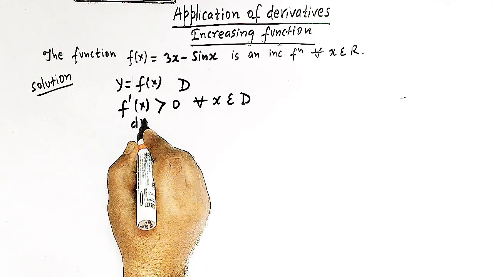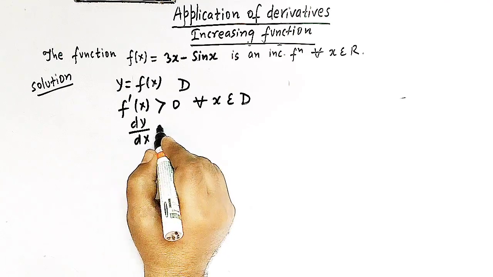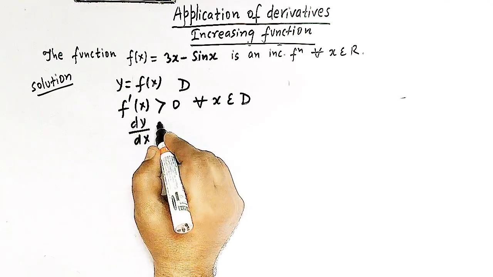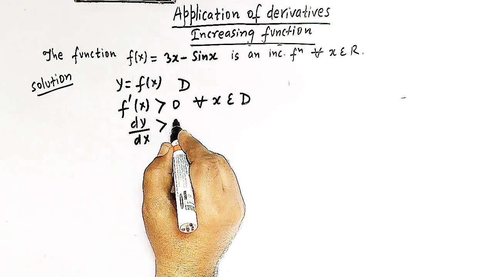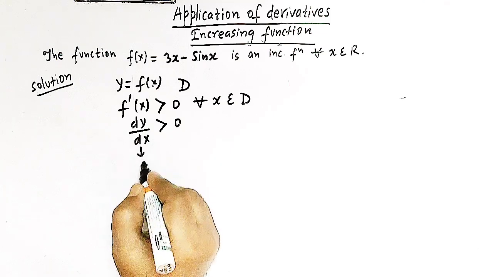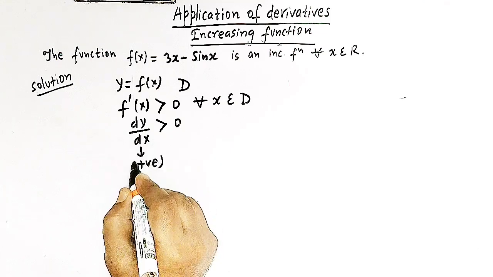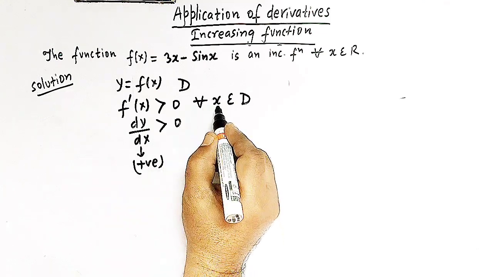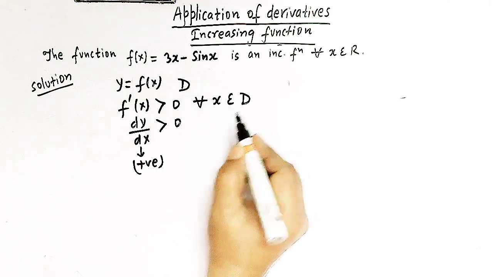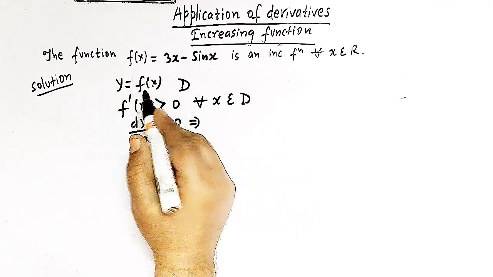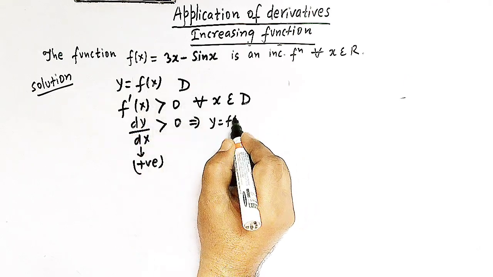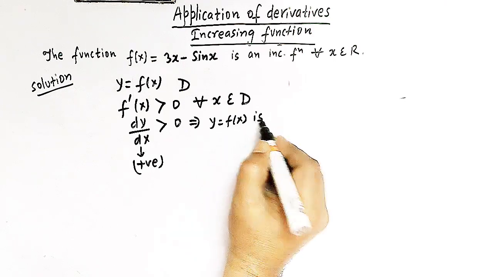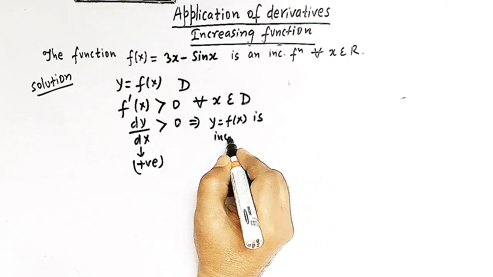So here if the derivative, that is dy over dx, that is the slope, is always greater than 0, or this quantity is always a positive quantity for all x belonging to D, then the function y is equal to f of x is said to be an increasing function.